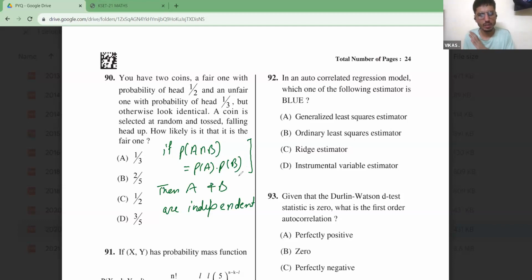Otherwise, it's not required to be confused about anything. You just go by the definition. If anybody asks what is the meaning of independence of two events, you say: if the probability of A intersection B equals the product of their individual probabilities, then they are independent. That's the only fundamental thing you have to keep in your mind.